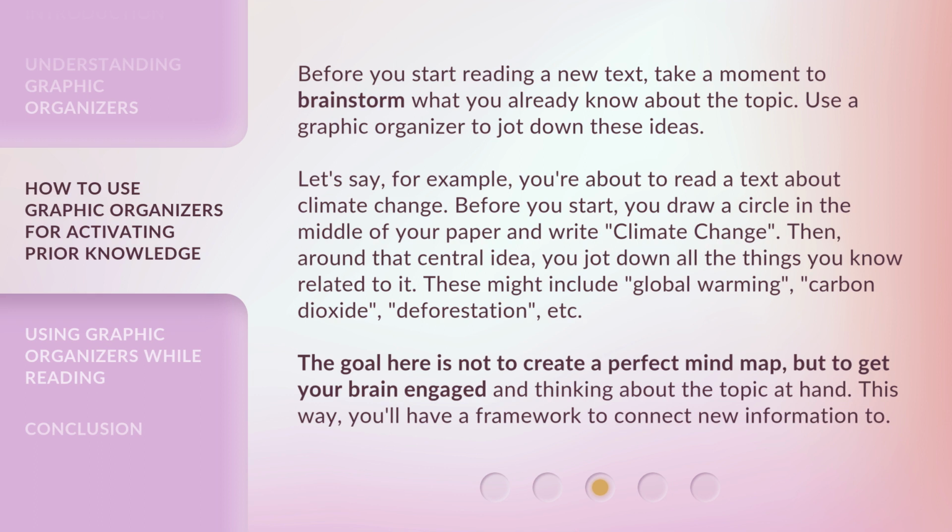Then, around that central idea, you jot down all the things you know related to it. These might include global warming, carbon dioxide, deforestation, etc. The goal here is not to create a perfect mind map, but to get your brain engaged and thinking about the topic at hand. This way, you'll have a framework to connect new information to.